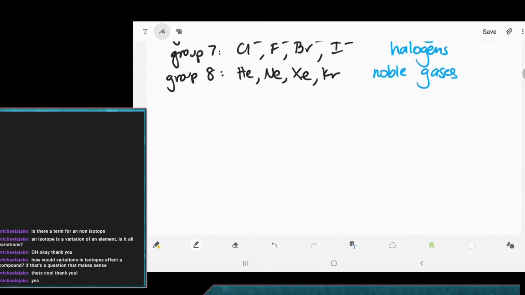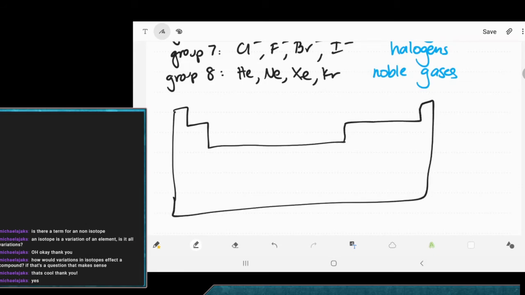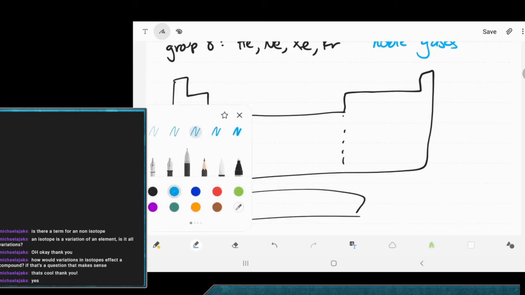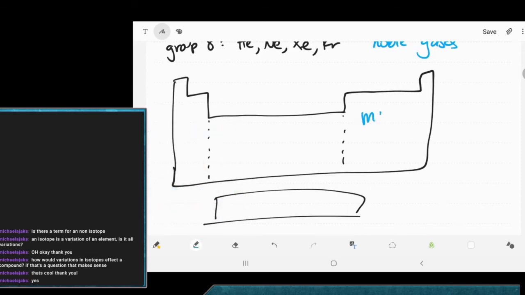If we look at the periodic table again, I'm going to include our section on the bottom. Generally speaking, these are called main group elements, and main group elements on the other side as well.